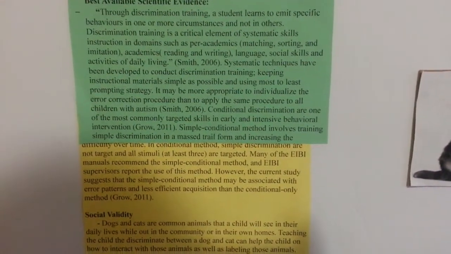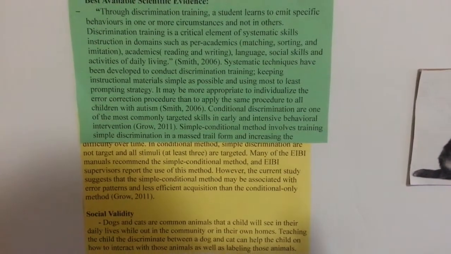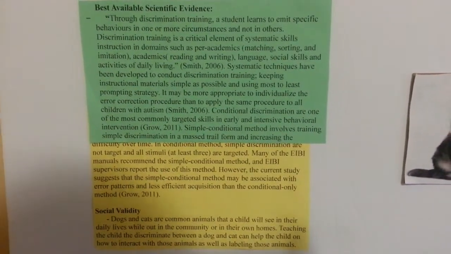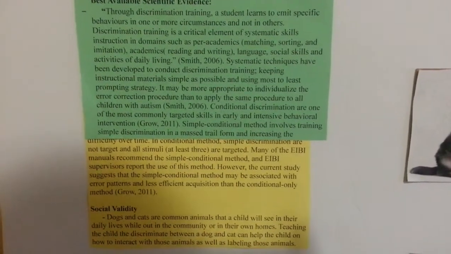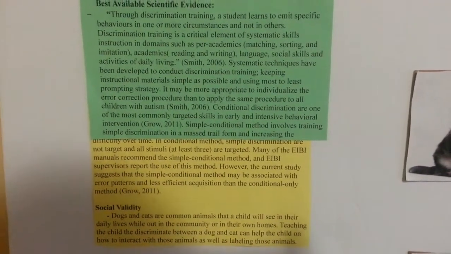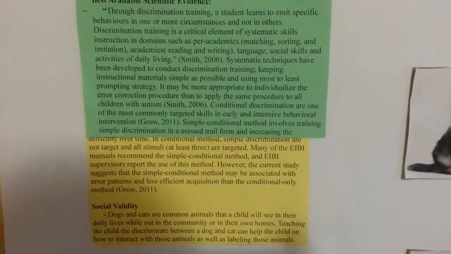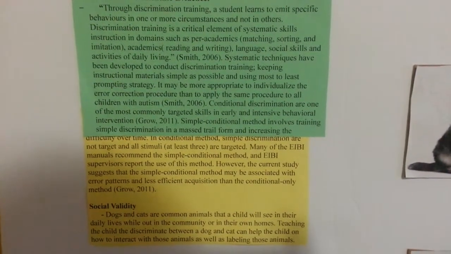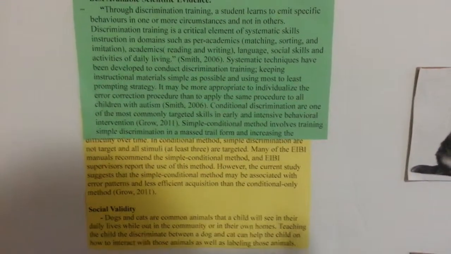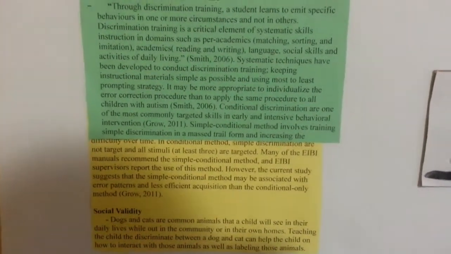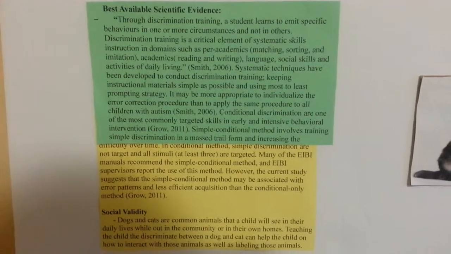Systematic techniques have been developed to conduct discrimination training, which include keeping instruction materials as simple as possible and using a most-to-least prompting strategy. It may be more appropriate to individualize the error correction procedure than to apply the same procedure to all children with autism, since they all learn at different rates.